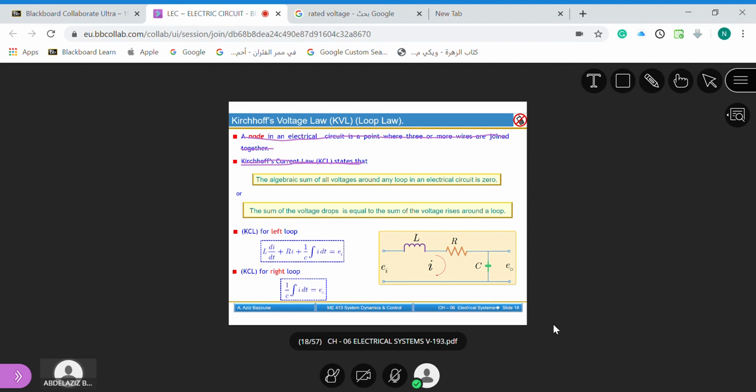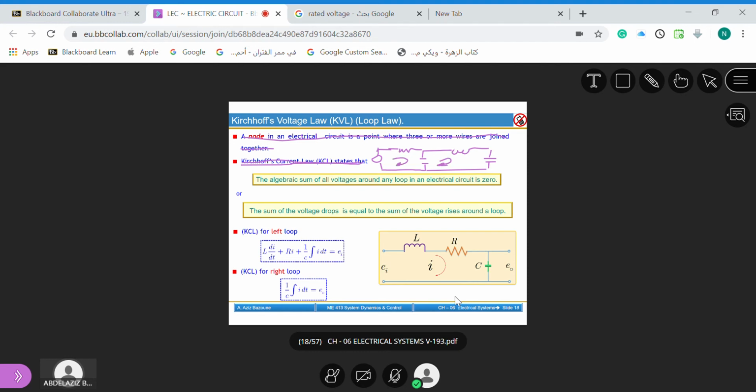I will give you a circuit here. This is a circuit, and this is another circuit here. So we have the voltage here. This is the input voltage source. This is one loop, and this is another loop.